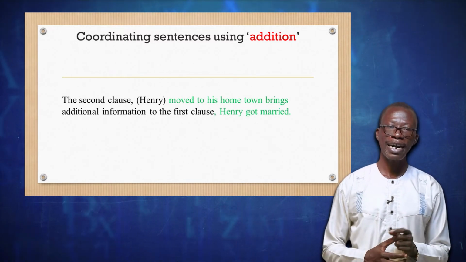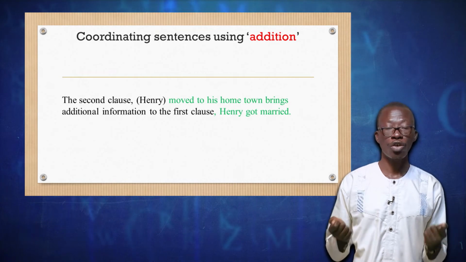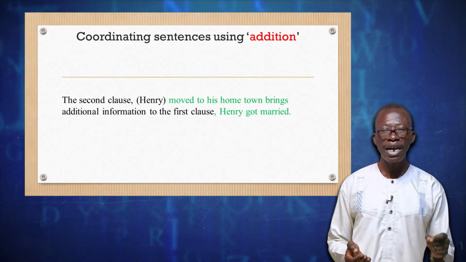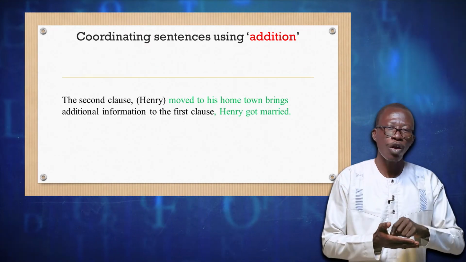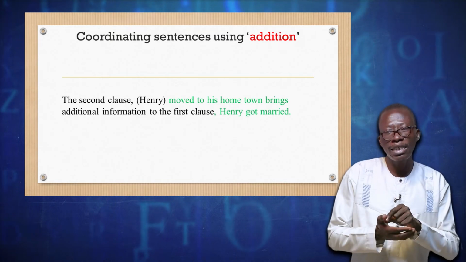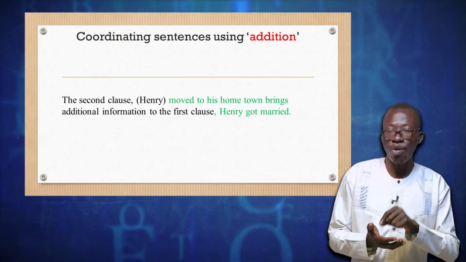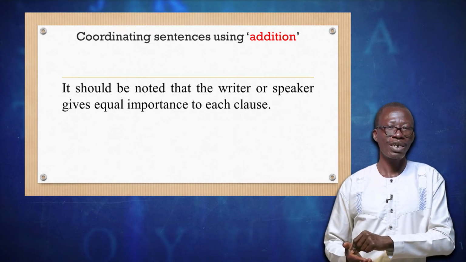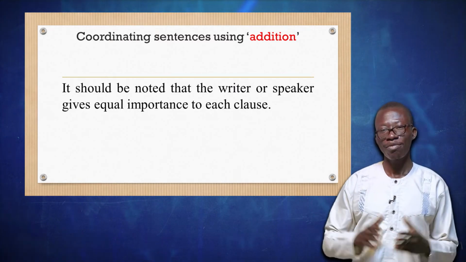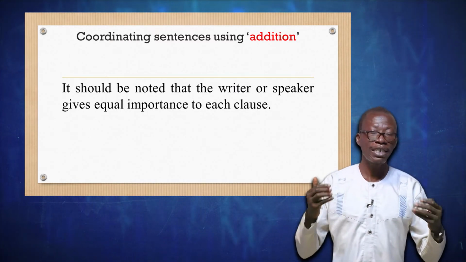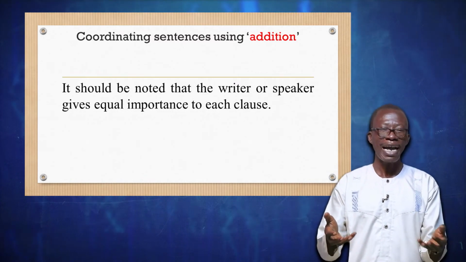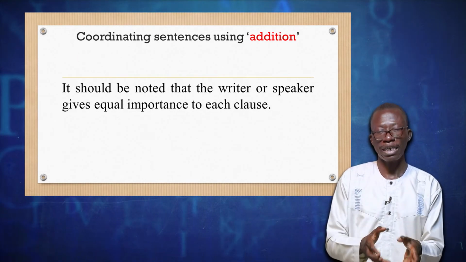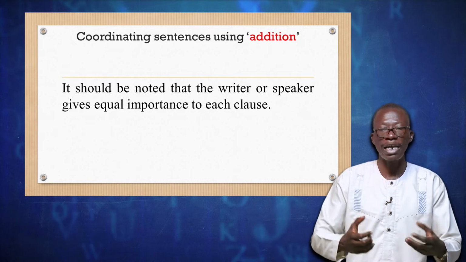It should be noted that the writer or speaker gives equal importance to each clause. Here, what we're trying to say is that the importance the addresser places on Henry getting married is the same importance being placed on Henry moving to his hometown. So one is not under the other. Both are important. If you are listening to the one saying this, the speaker is telling you that both actions are important in his discourse or in his discussion with you.